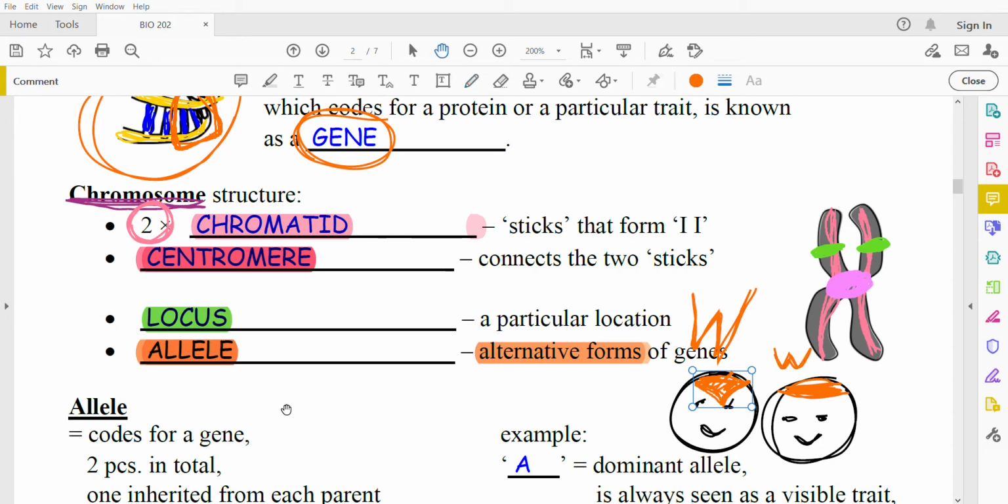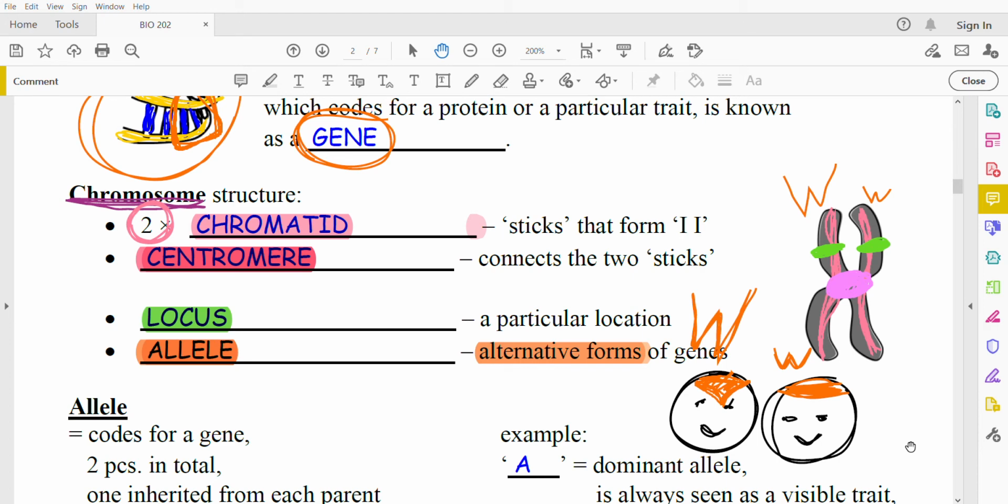as common. So what we find is that whenever we have an individual with a dominant gene, we tend to see that trait. If we have an allele for a recessive, so a lowercase letter, that's not as common a characteristic, we see those less often.